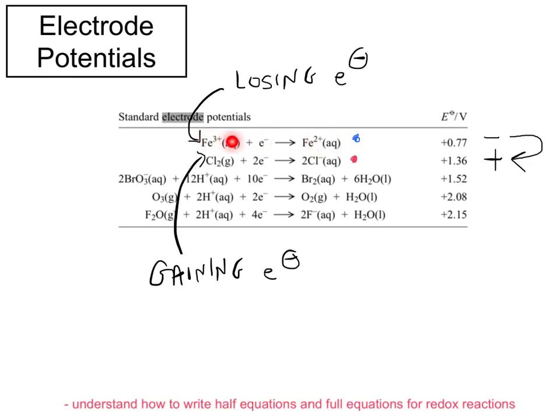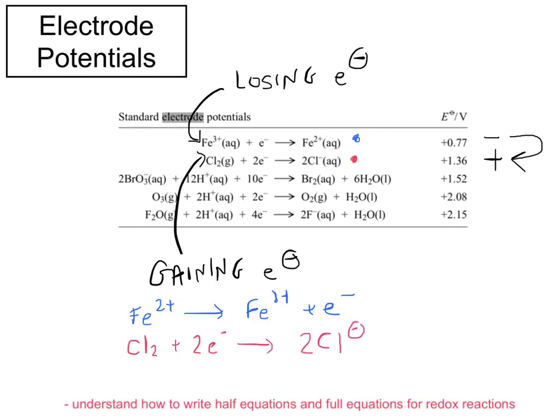So what we do is just switch that around, and so our two equations that we're going to add together will be iron 2 plus goes to make iron 3 plus and an electron, and Cl2 plus 2 electrons goes to make 2Cl minus.